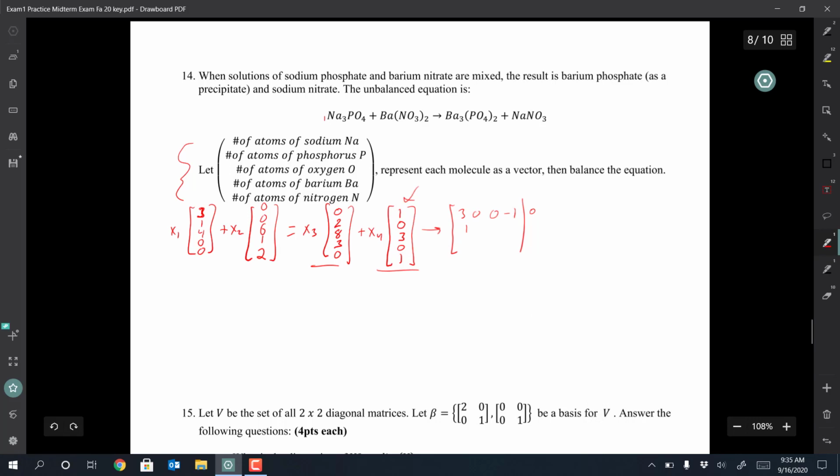Then I would have 1, 0, negative 2, 0, 0, 4, 6, negative 8, negative 3, 0, 0, 1, negative 3, 0, 0, 0, 2, 0, negative 1, 0, right? So this would be my augmented matrix that I want to do my row reduction on.